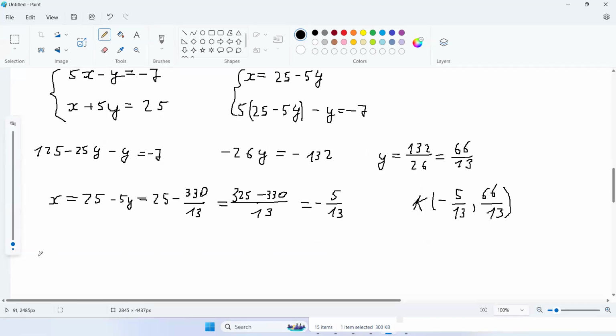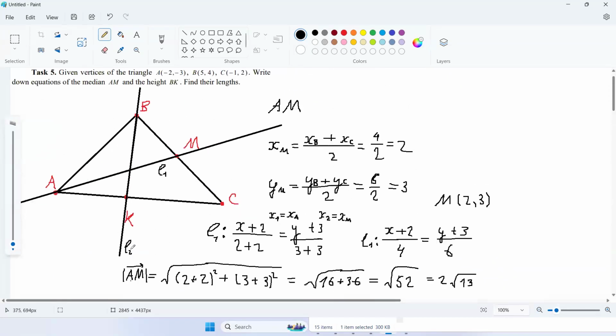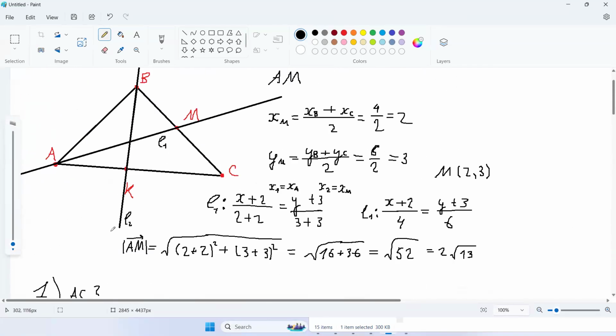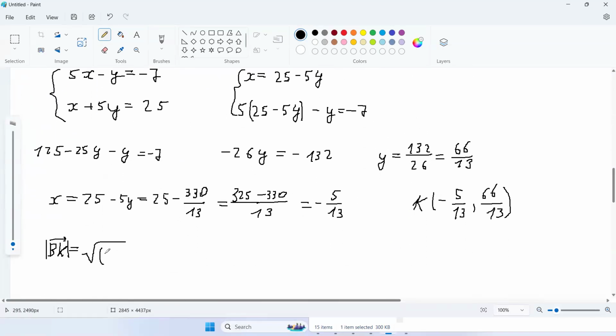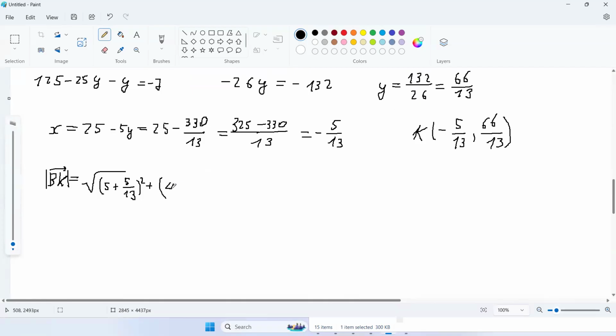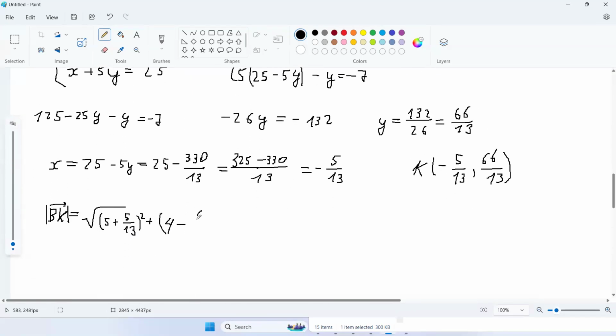And now, finally, we need to find the length of BK. Oh goodness, 4 minus 66 by 13.